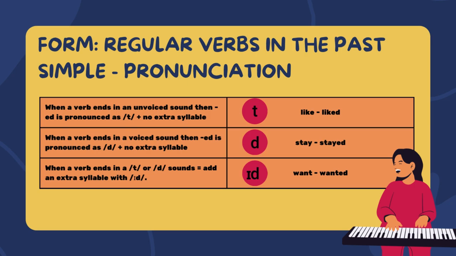When a verb ends in a voiced sound, then ed is pronounced as d, with no extra syllable. Stay becomes stayed. When a verb ends in a t or d sound, add an extra syllable with ed. Want becomes wanted.